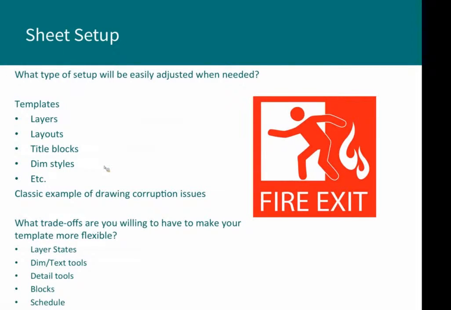There are so many files we've come across that have drawing corruption and massive bloated files because of proxies and other things in the drawings. And the sad part is that they have everything in that drawing and you can't recover it. It's one of those, I just lost everything and I didn't have a fire exit.